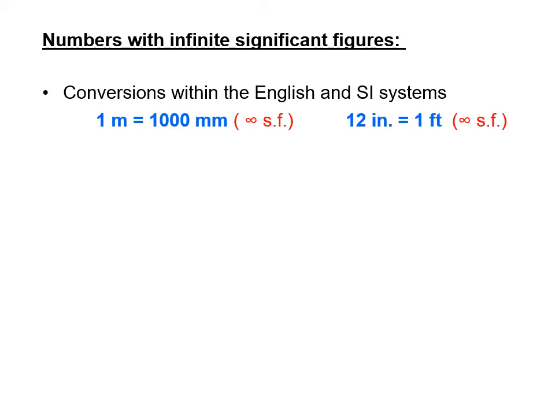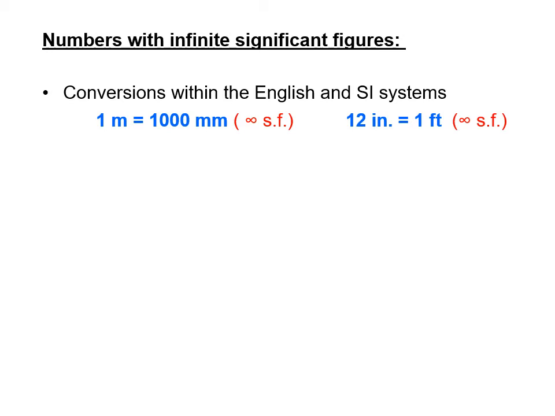Those numbers, the 1 and the 1,000, contain infinite significant figures. We assume they have infinite significant figures when we are doing calculations and converting from one unit to another unit. So we don't consider their significant figures in calculation. We assume that they're exact numbers and have infinite significant figures.